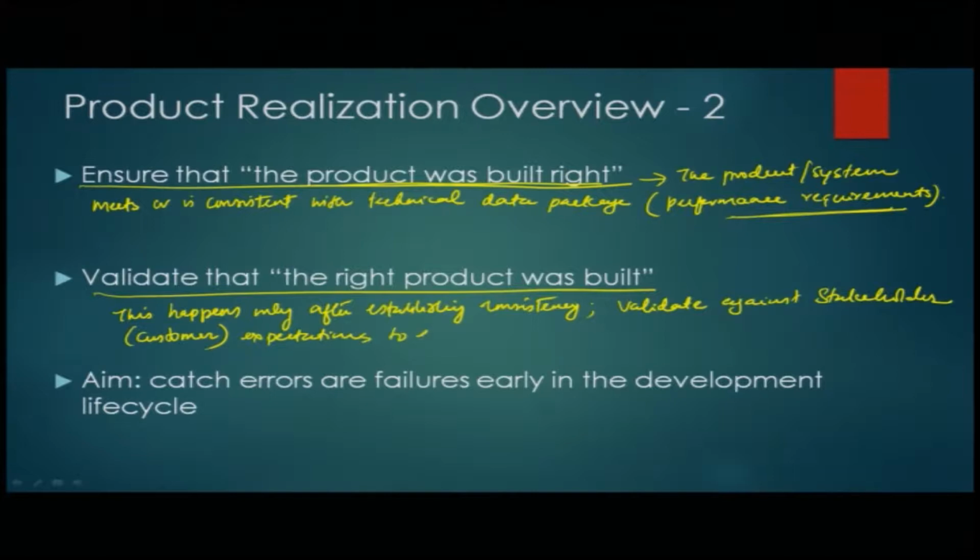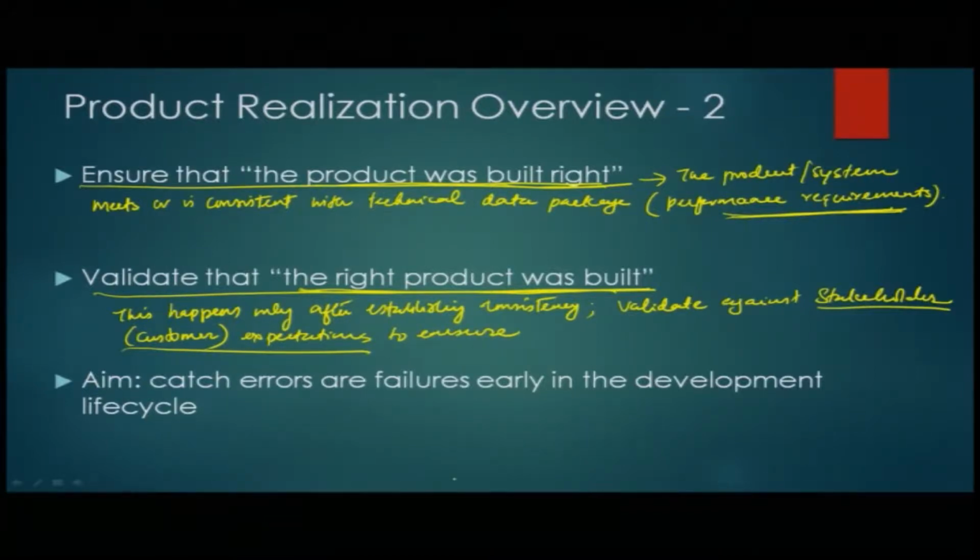To ensure that the right product was built. The first case is the product was built so that it satisfies performance requirements. The second case is the right product was built, which means it satisfies the stakeholder or customer expectations. Both are different. Many times people confuse between both, but verification and validation are two different, separate steps which are important as part of systems engineering, the product realization process.